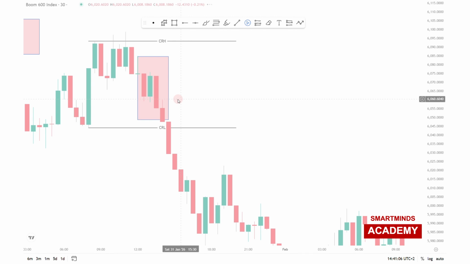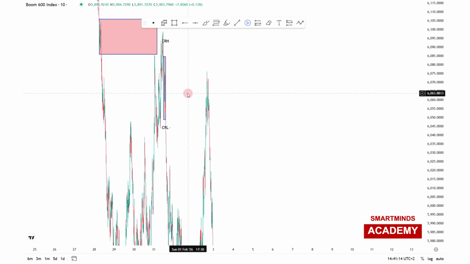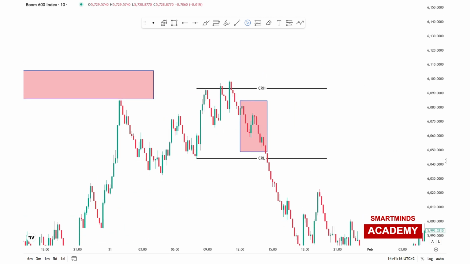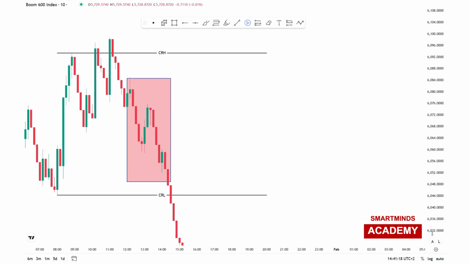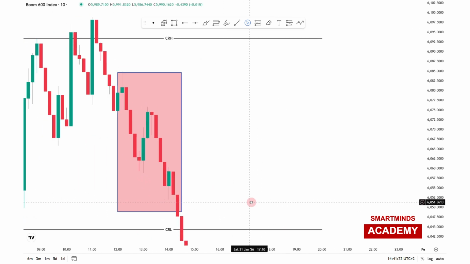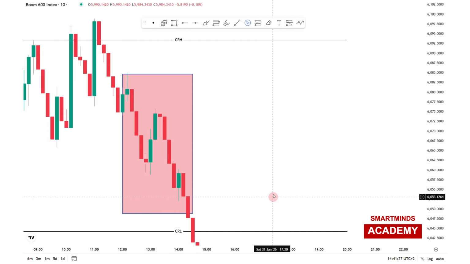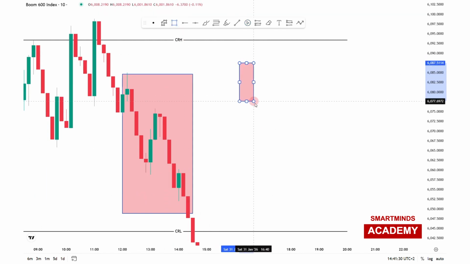You are supposed to be having a full imbalance candlestick, a clear imbalance, and that will be the one that gave us a sell to the downside. Very good. As you can see now here, I said, what is an imbalance candlestick? An imbalance candlestick, or an imbalance, is a price that shows movement towards one direction.